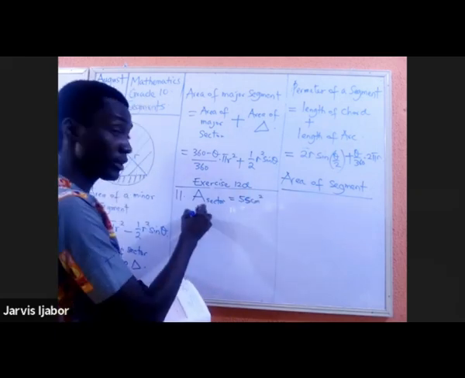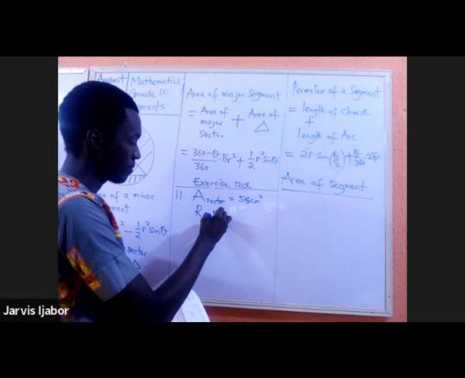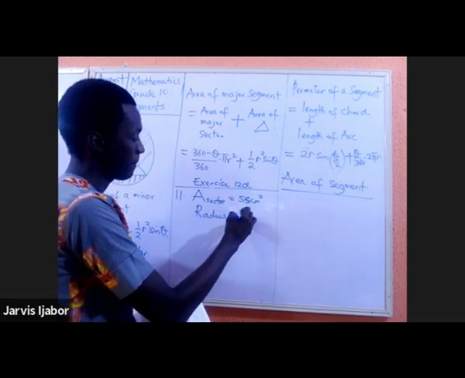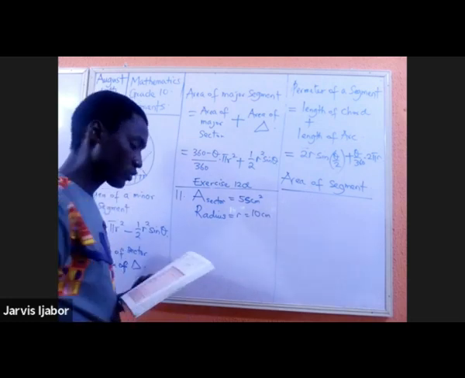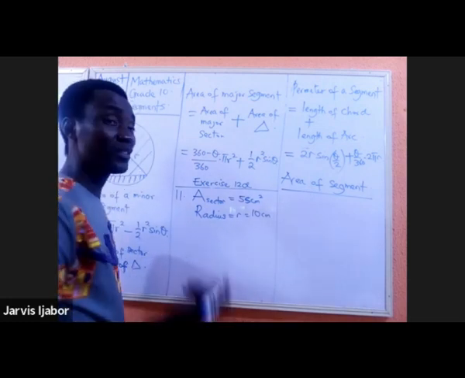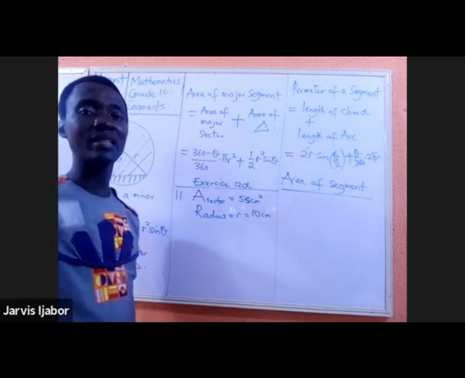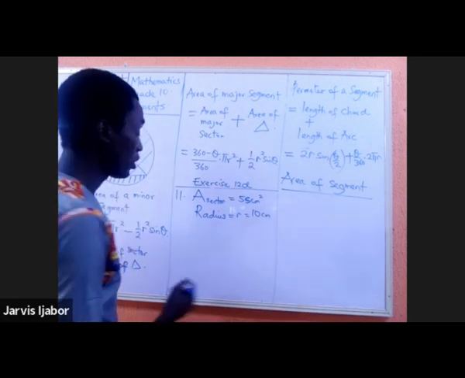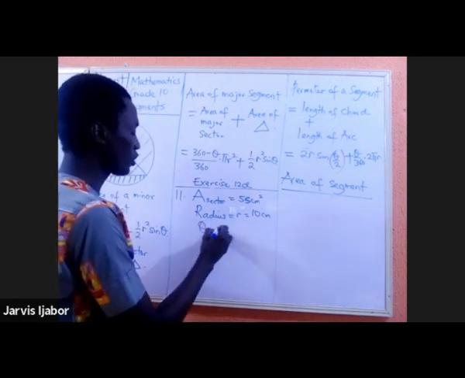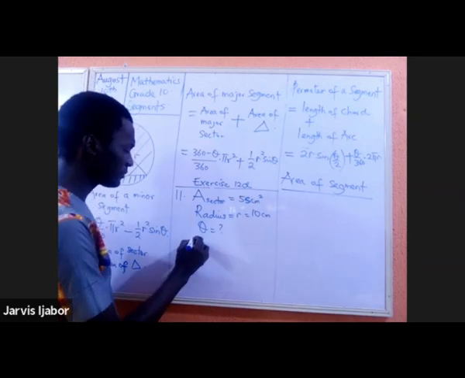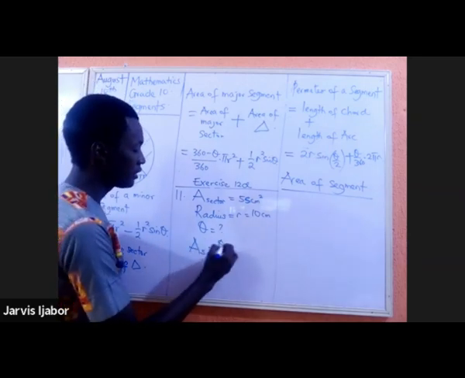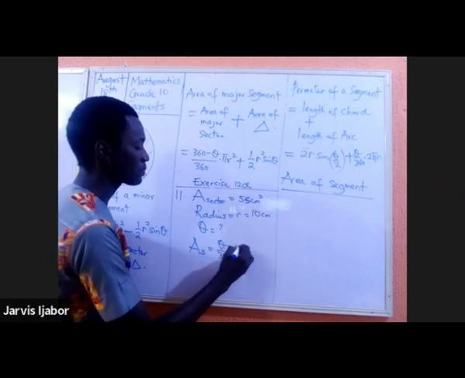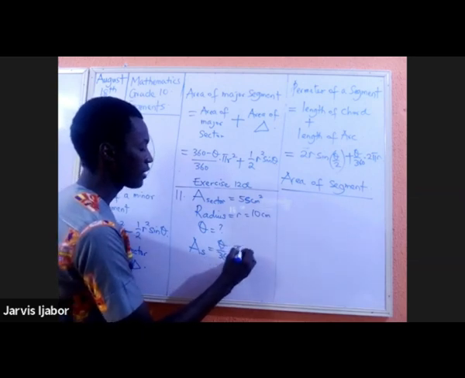The radius r is equal to 10. We are told to find the angle of the sector. The angle of the sector is the angle which subtends at the center. So theta is not known. So remember that area of sector is equal to theta over 360 times pi r squared.